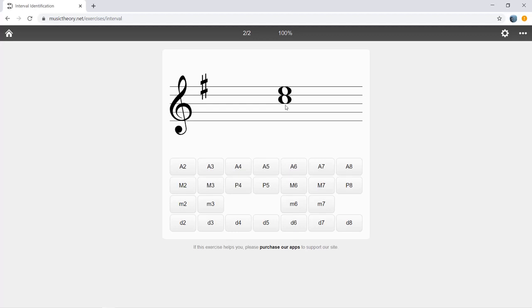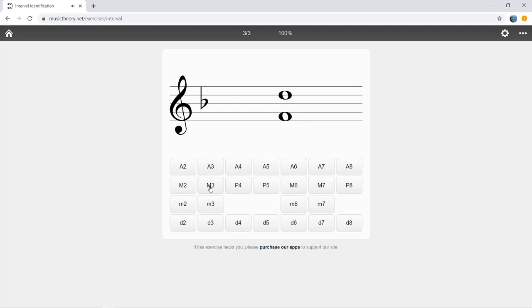Let me make sure I'm doing this right. C to C sharp, that's 1. C sharp to D is 2. D to D sharp is 3. And D sharp to E is 4. So that is 4 half steps. That's a major third. Right?